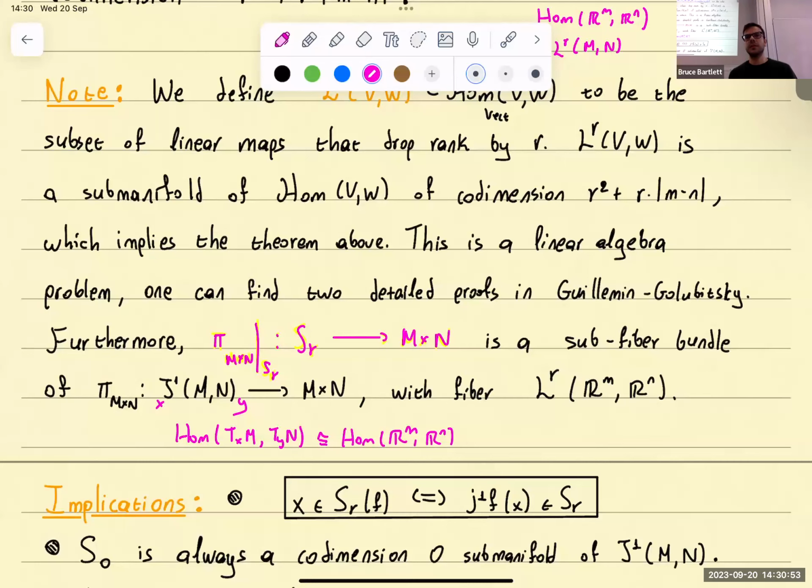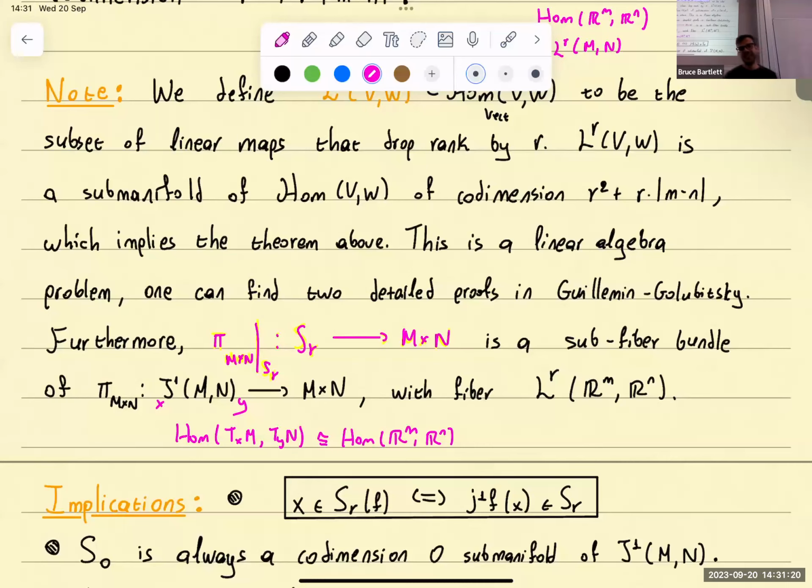I was thinking that it's a subset, I mean, a subspace, but it's not a subspace, right? Because if we take two linear maps that lower the rank by R and add them together, they might not lower the rank by R. For example, if you subtract one from the other, then you get the zero map, which lowers the rank by a lot.